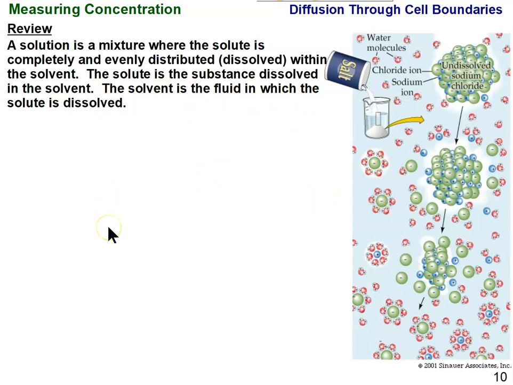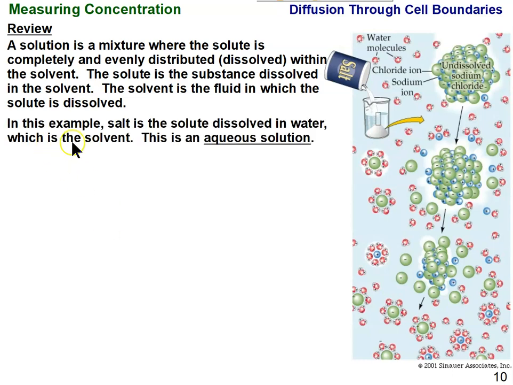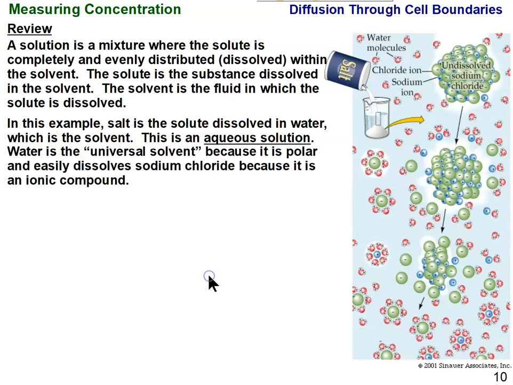And we're not going to deal with any solution in which water is not the solvent, because there is no such thing in biology. In this example, salt's the solute, and water is the solvent. So this is an aqueous solution. Water is considered the universal solvent.